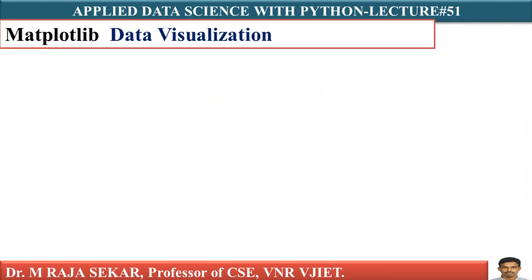First one is scatter plot. Under the Matplotlib library, we are going to look at a plot called scatter plot. Let's see what the scatter plot is first. A scatter plot is basically a set of points that represents the values obtained for two different variables plotted on horizontal and vertical axis.